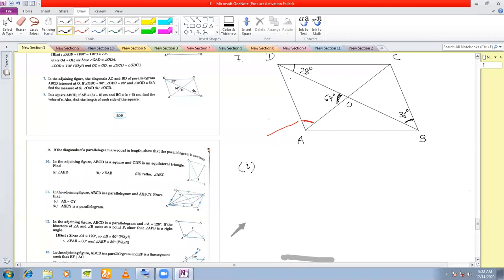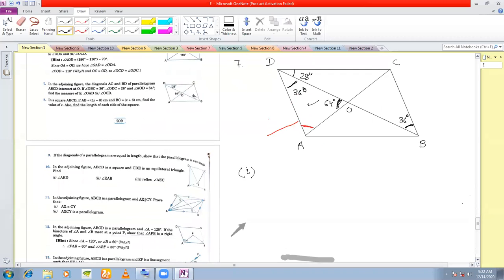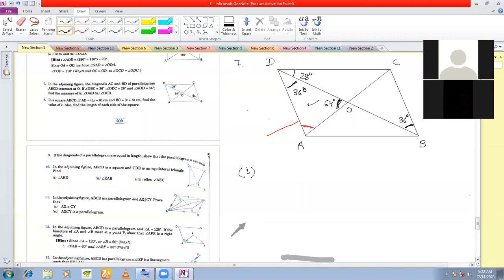And this angle here will also be 36 degrees because they are alternate angles. So once you have found this angle to be 36 degrees, you now see this triangle, triangle OAD. The sum of interior angles of this triangle is 180 degrees, and therefore you can find out the unknown angle.